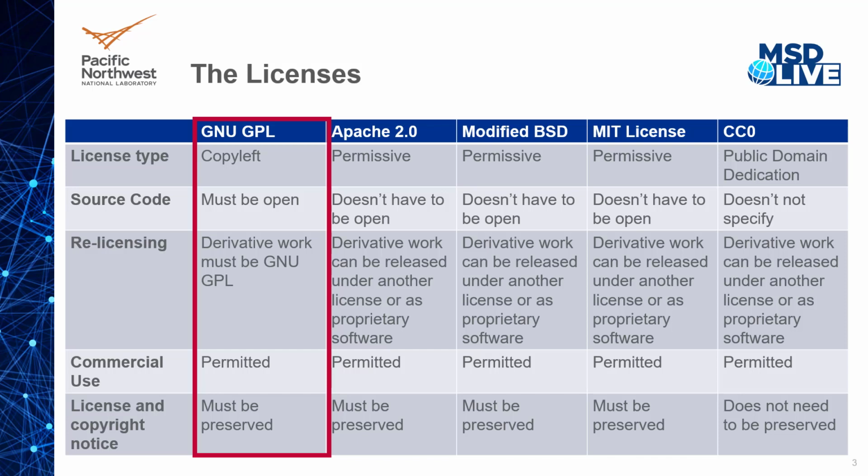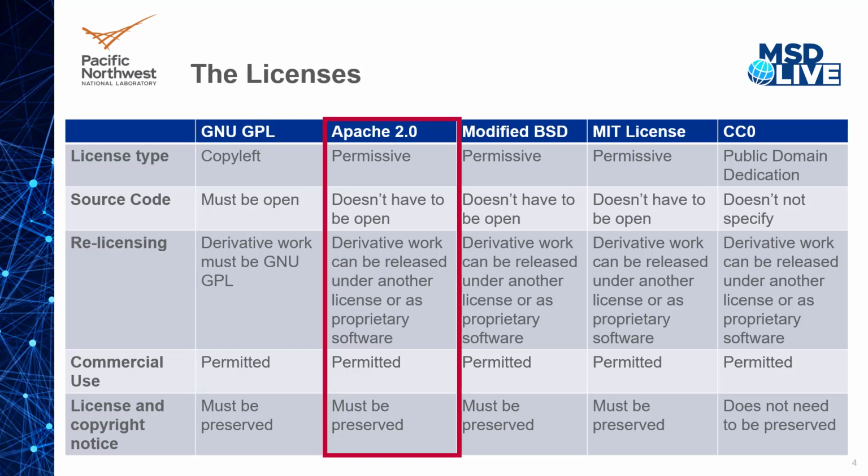For example, they can't make their derivative software proprietary if it builds off of your GNU GPL version. The copyright notice must be retained or reproduced in any future redistribution, and you must state what changes you made to the original software.